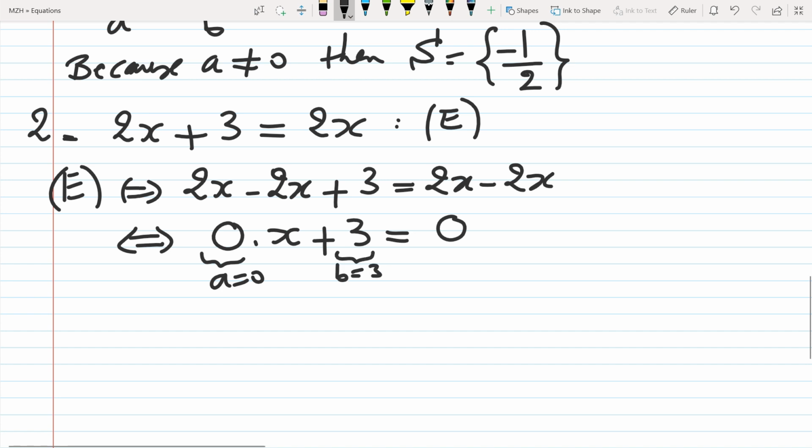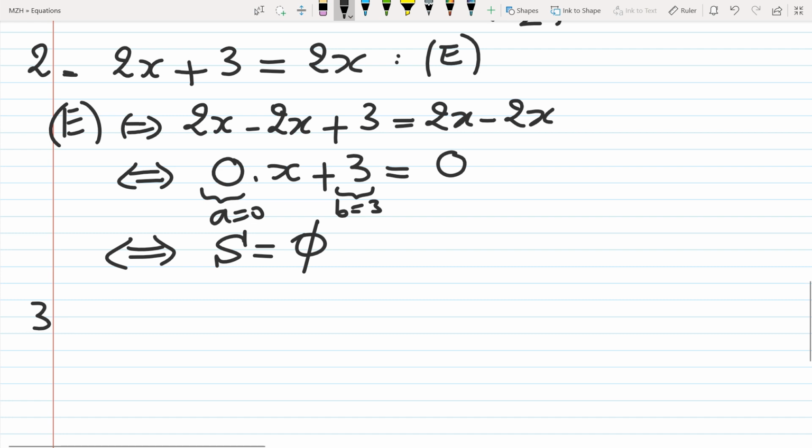So what did we see before? That if we have a equal to 0, we need to see what b is. Is it non-zero or is it 0? In this case, b is equal to 3. And from our discussion, we saw that the set of solutions is actually the empty set.